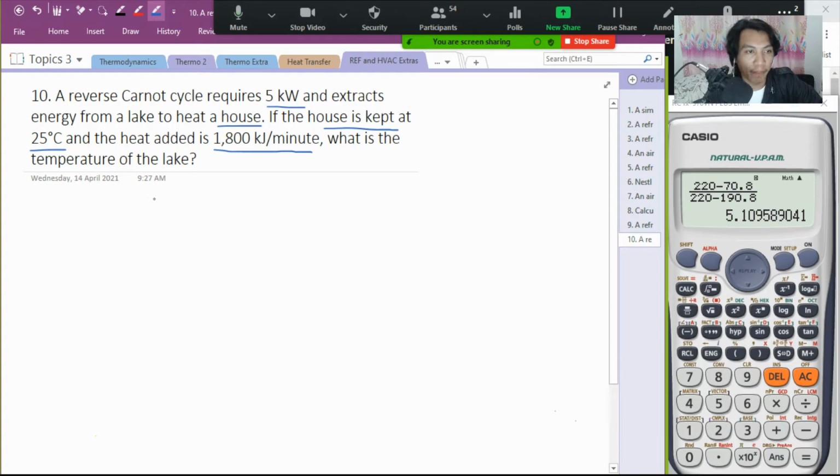Reverse Carnot. So, heat added is Q. Ano ba yung binigay sa kanya? QA is 1,800 kilojoule per minute. Ito daw yung requirement, okay? 5 kilowatts.